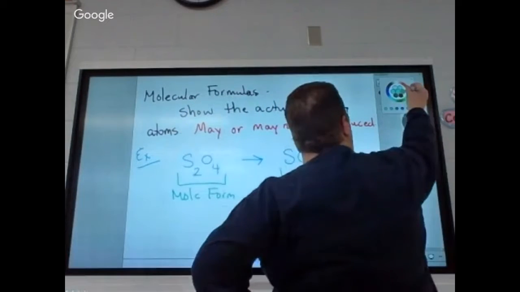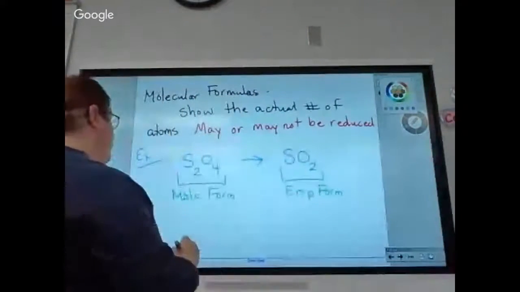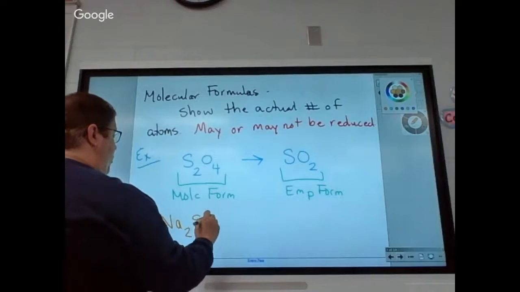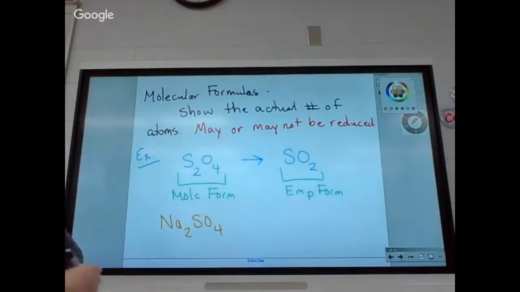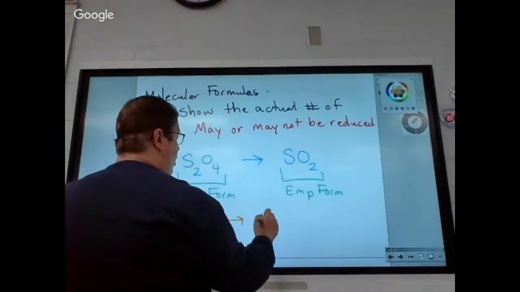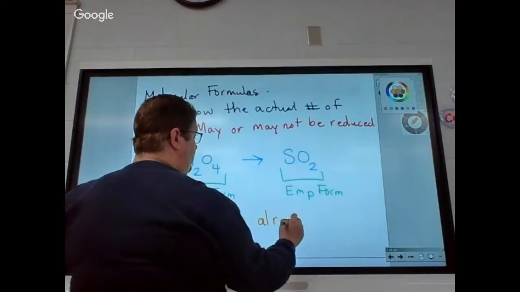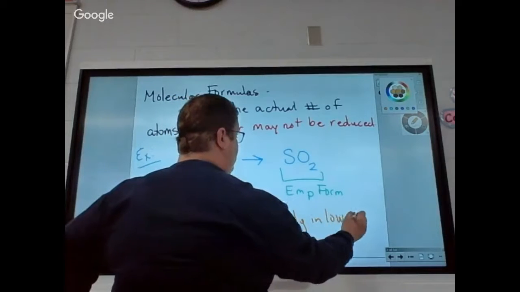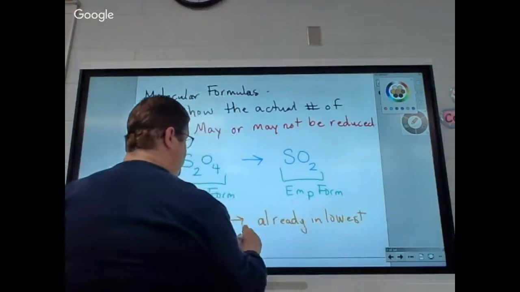But what about one like we just had a little bit ago? What about Na2SO4? Can that be reduced? No. Okay. This is already in lowest terms.